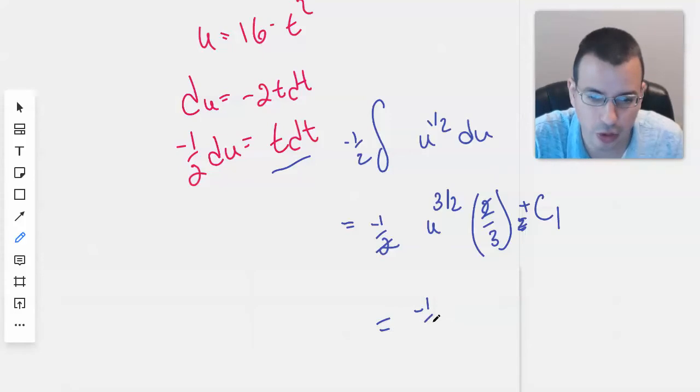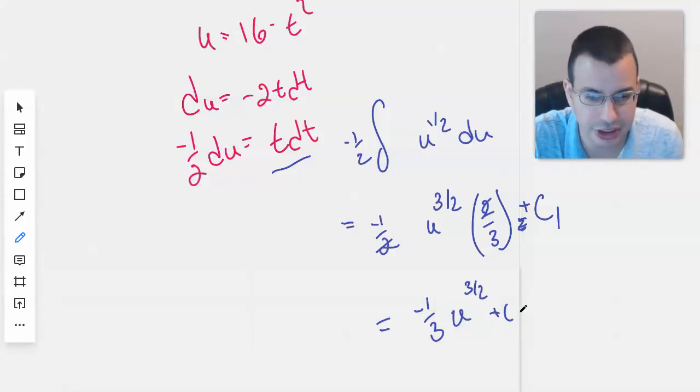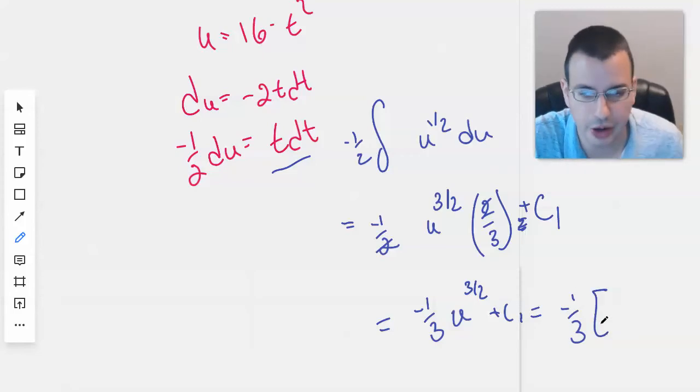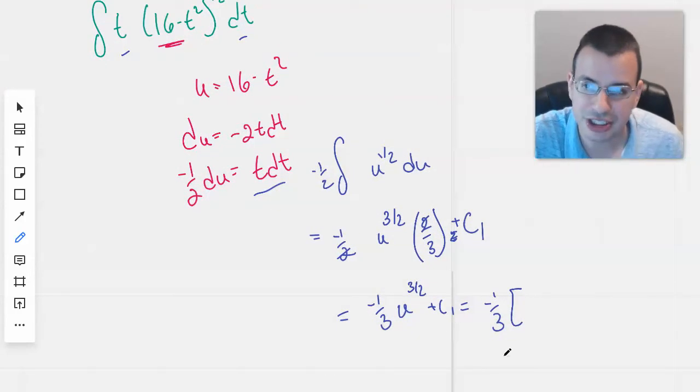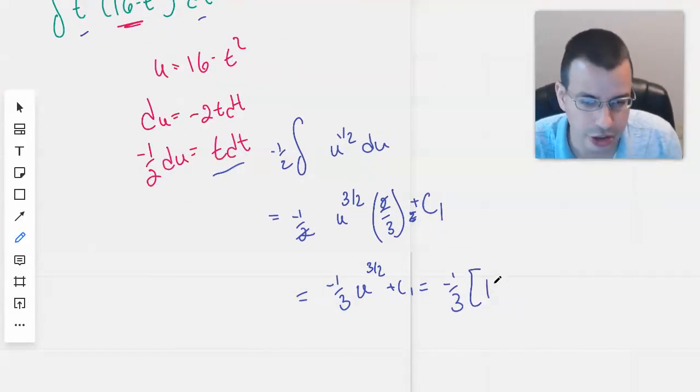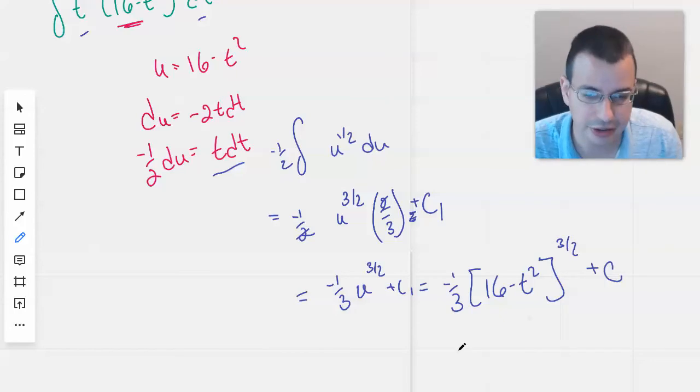So we have negative 1/3 u to the 3/2 plus c1, which equals negative 1/3 times (16 minus t squared) to the 3/2 plus c.